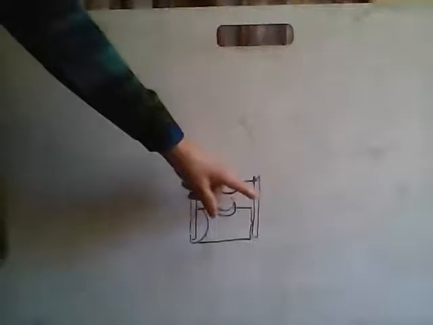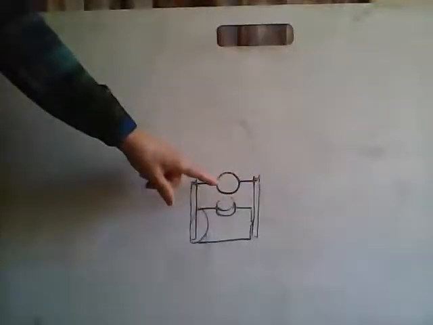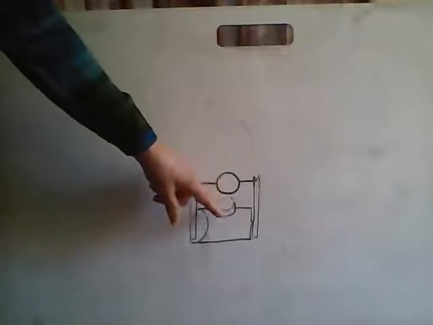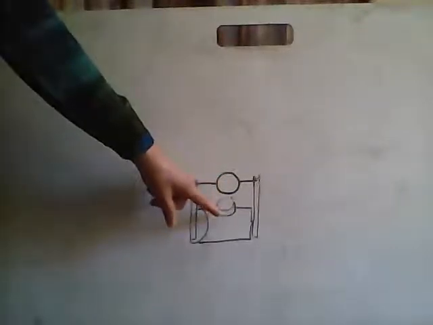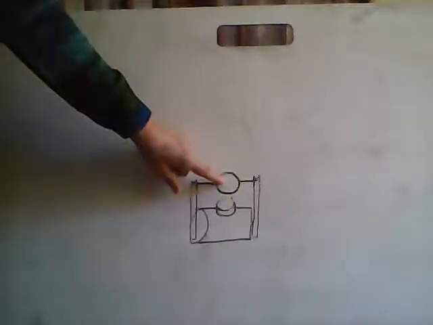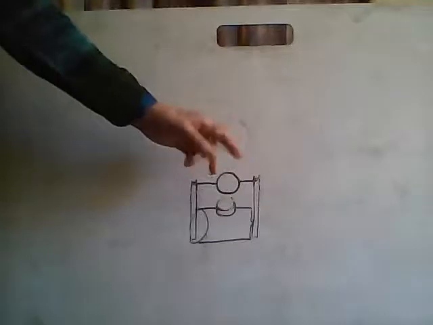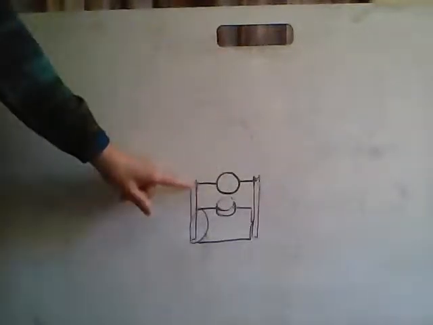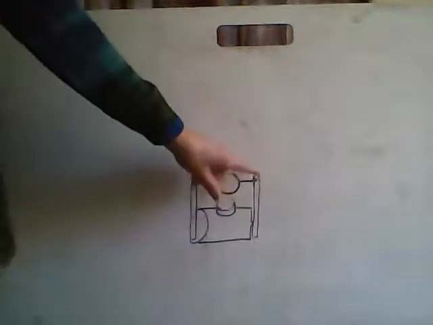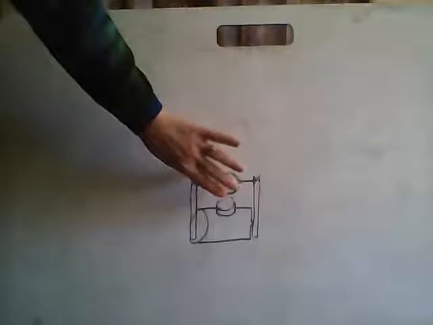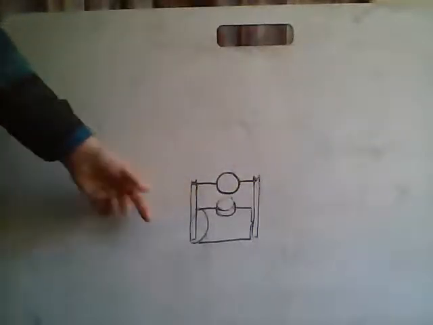So the electric current has a field line that is interfering with the magnetic field here, and they push against each other, and the wire begins to turn. Now that the bottom side of the wire is touching here, the current is off. So instead of it falling back to the position it was in, it continues to turn.